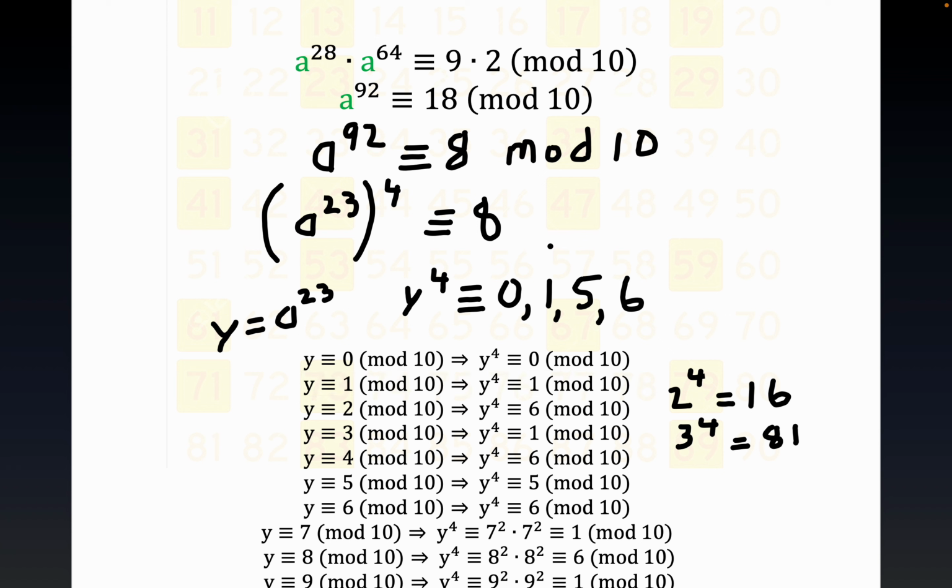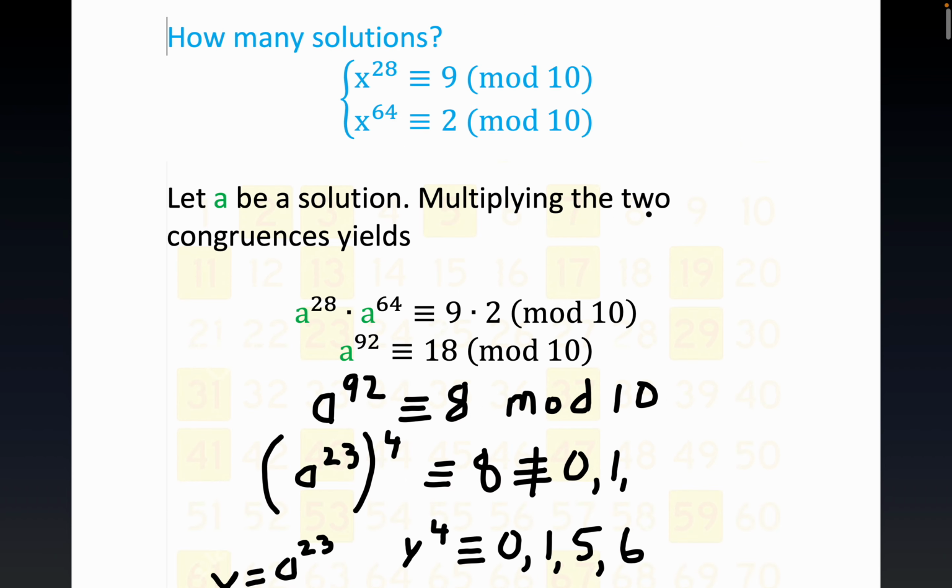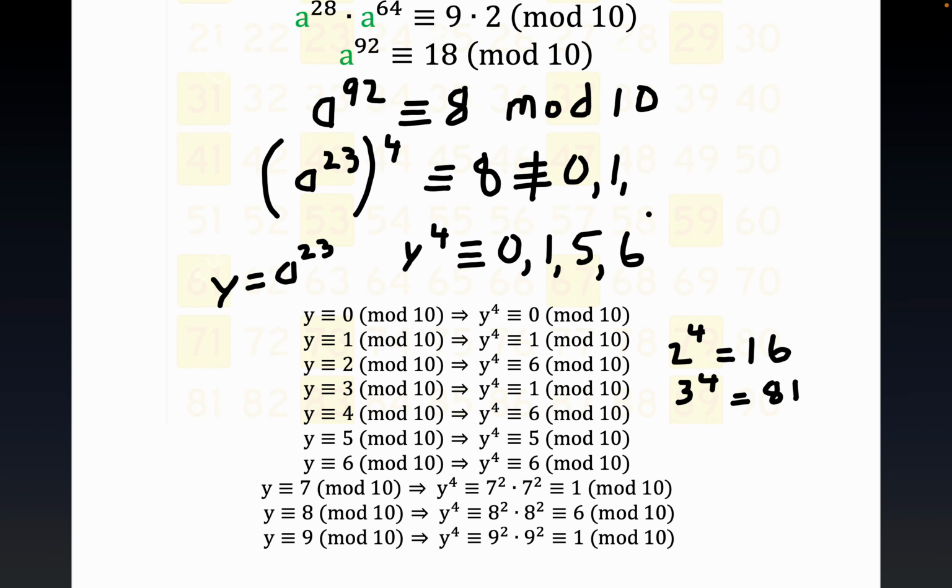But anyway, the conclusion here is since 8 is not congruent, I'll just put a little slash there, it's not congruent to 0, 1, 5, 6, and so the answer is no solution.